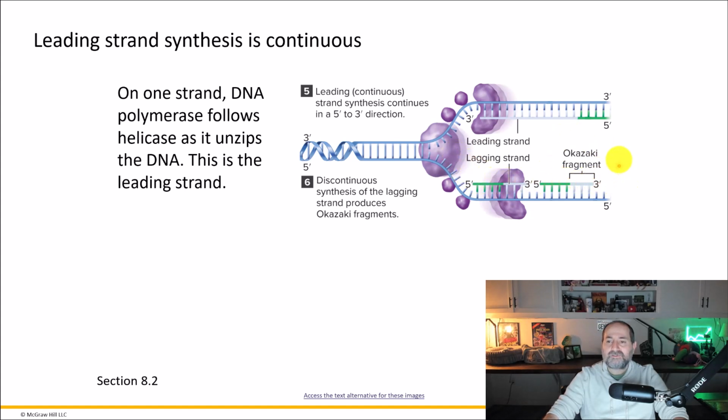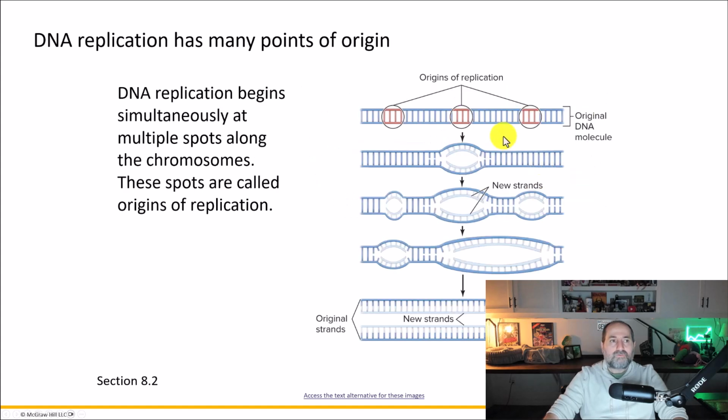And that's what results in all of these Okazaki fragments on the lagging strand. And remember, these Okazaki fragments are made up of RNA primer and DNA. Remember that eukaryotic chromosomes have multiple origins of replication.